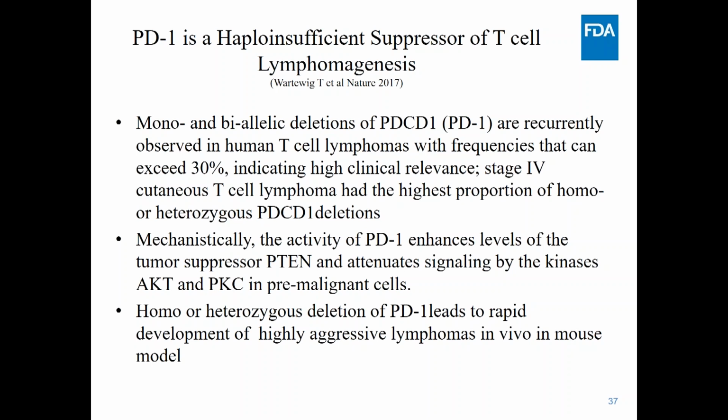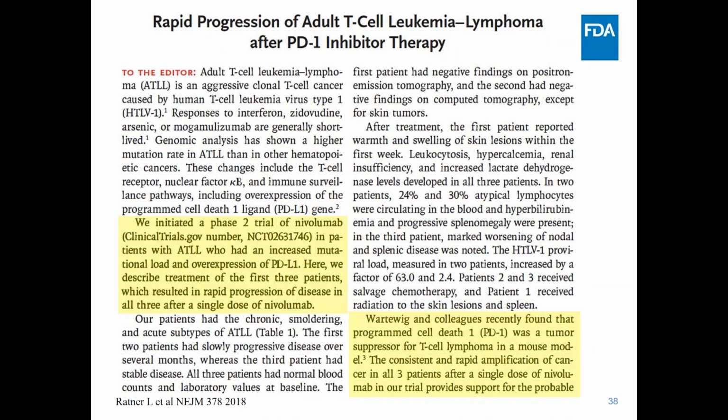The homozygous or heterozygous deletion of PD-1 leads to rapid development of highly aggressive lymphomas in vivo in mouse models. In a recent clinical study, performed before that study was published, there was a phase 2 trial of anti-PD-1 blockade in patients with adult T-cell lymphoma leukemia who had increased mutational load and overexpression of PD-L1.